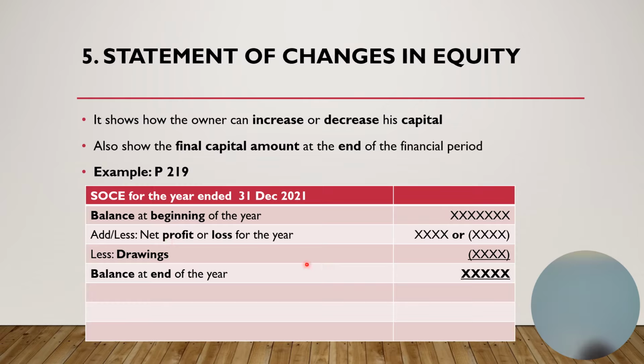But if we had a loss, then we minus that loss, which is a minus in brackets. And then we minus the drawings if we have drawings, and lastly we have the closing balance of our equity at the end of the year. That is the statement of changes in equity.